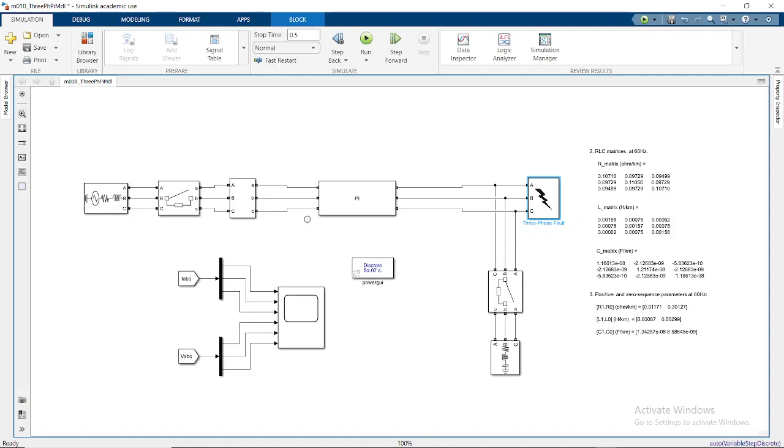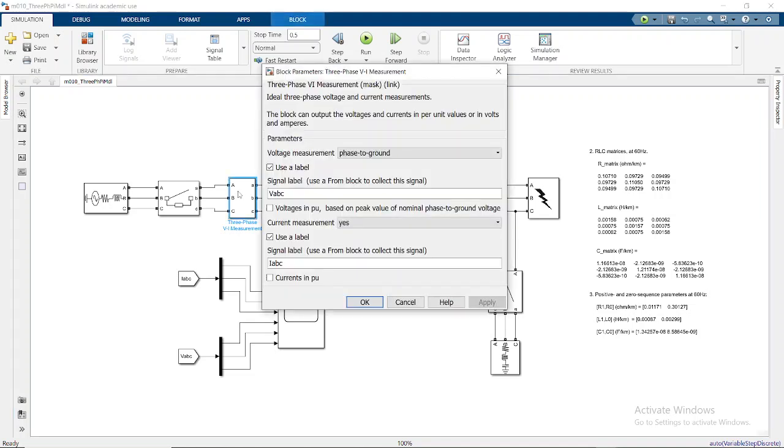All this data we have measured using this block. This is the three-phase VI measurement block. From here the data comes here, VABC and IABC, and it gets displayed on this scope. Let me explain in short how this data gets displayed. Double click here.